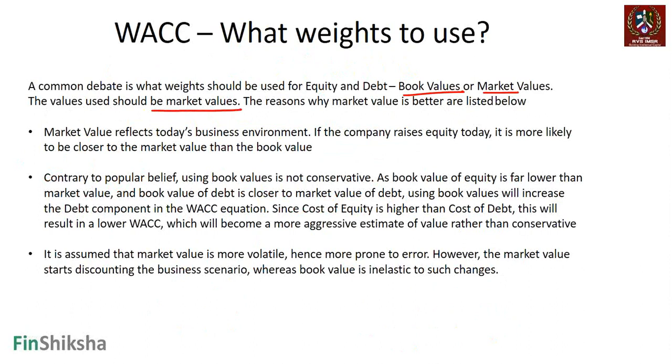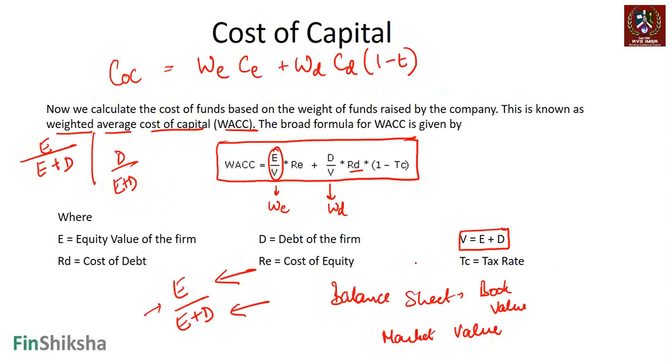Why are market values better? Point one, it reflects today's business environment. If a company raises equity today, it is going to be closer to the market value than the book value. If the company stock is trading at 100 rupees and the book value is 20 rupees, remember, book value of equity is nothing but share capital plus reserves and surplus, all the undistributed income that the company has so far, right?